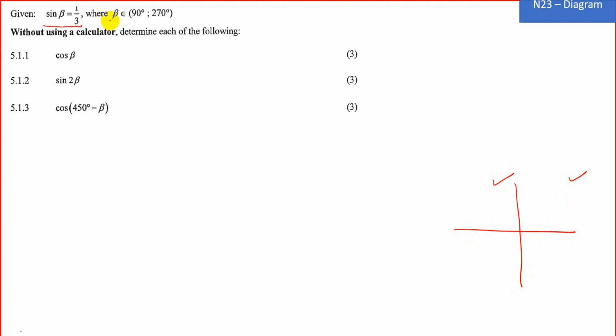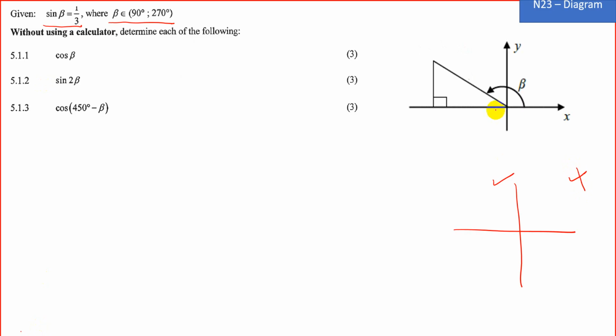We go further and it tells us beta is from 90 to 270. So from 90, that will eliminate quadrant 1. So we can therefore conclude that our diagram will be in quadrant 2. And here we have it.